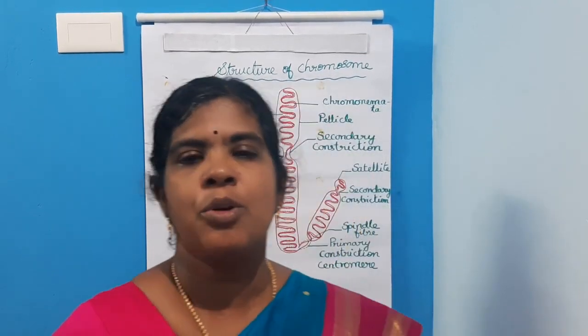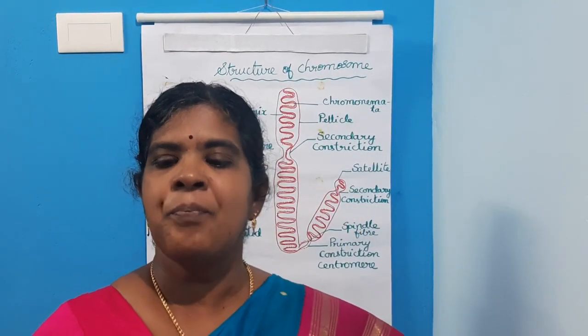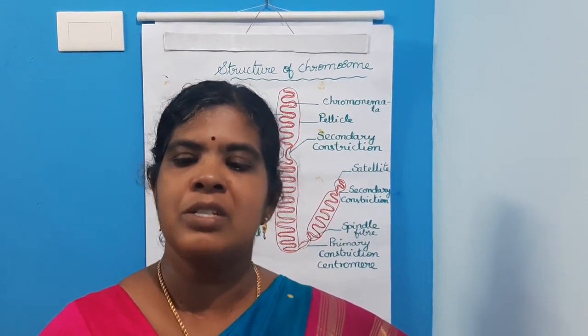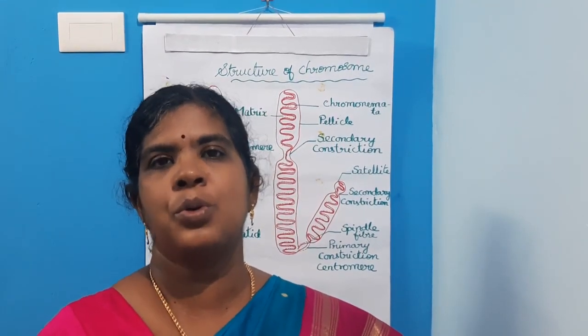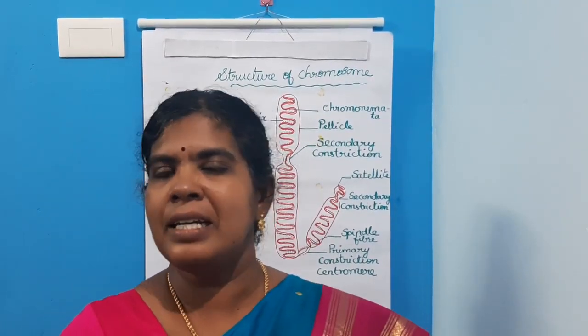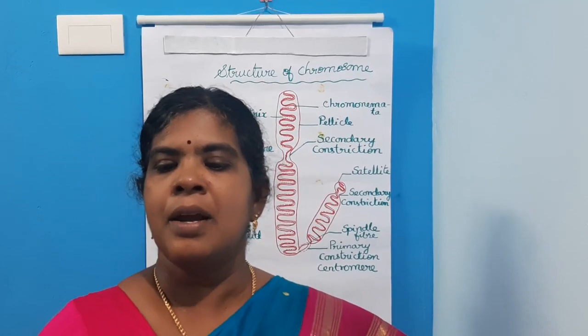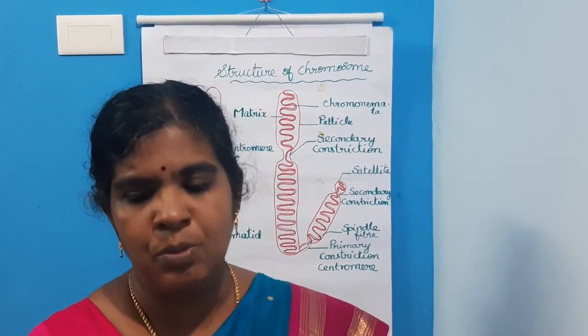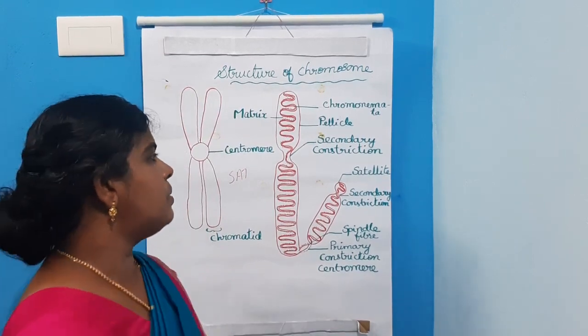Then telomere. It prevents the chromosome from joining the adjacent chromosome. The telomere maintains and provides stability to the chromosome. Satellite.